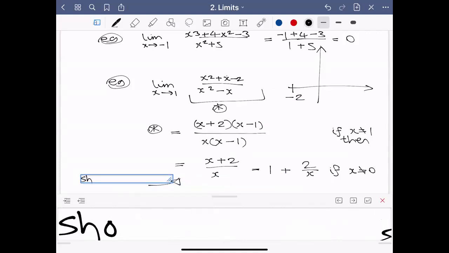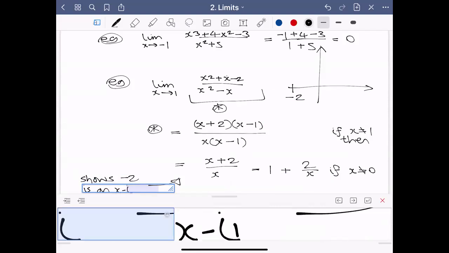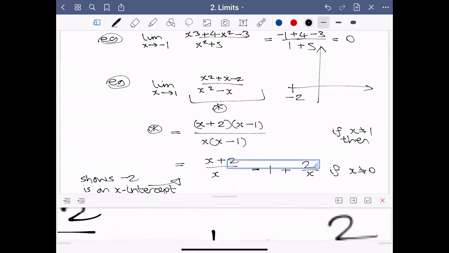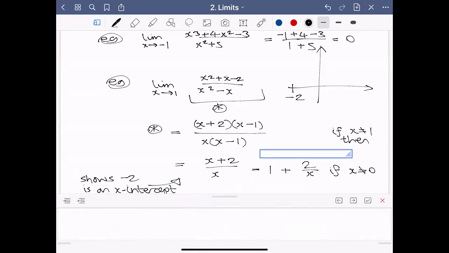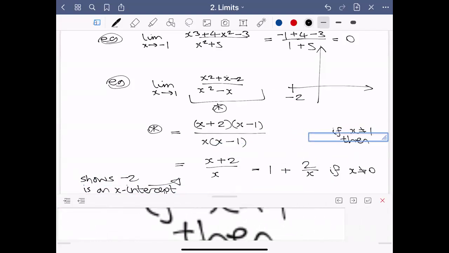So this shows minus 2 is an x-intercept. But when x is 1, the function is not defined.